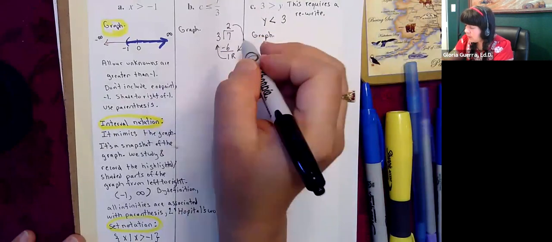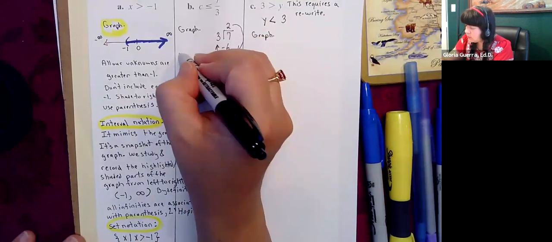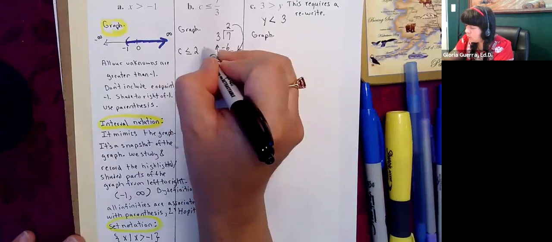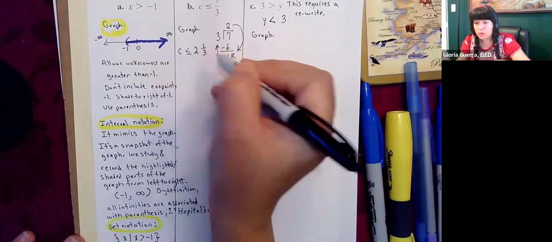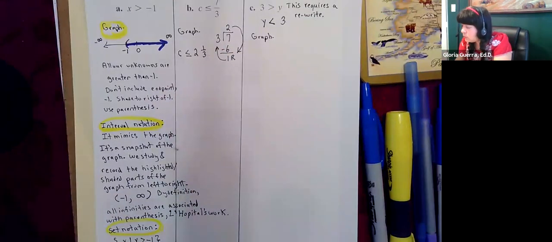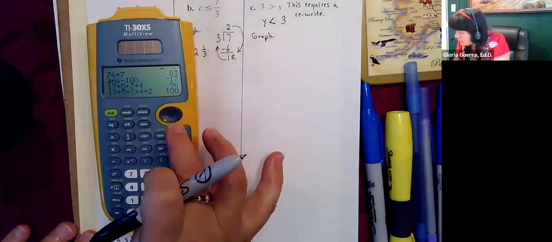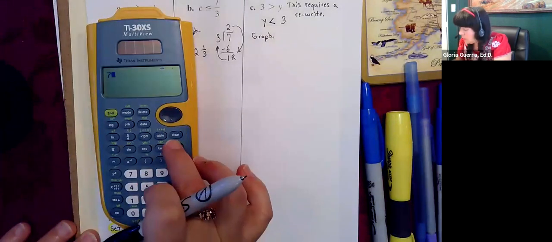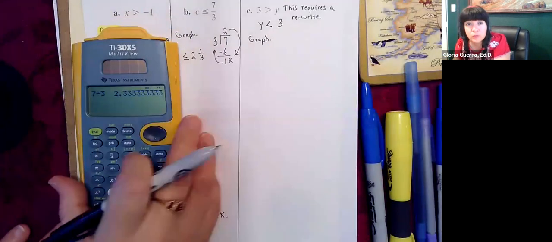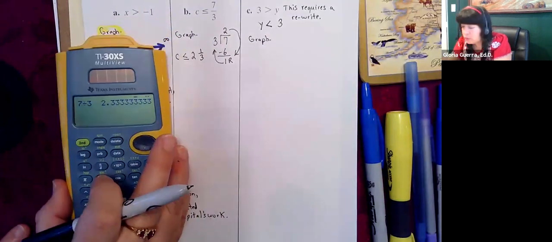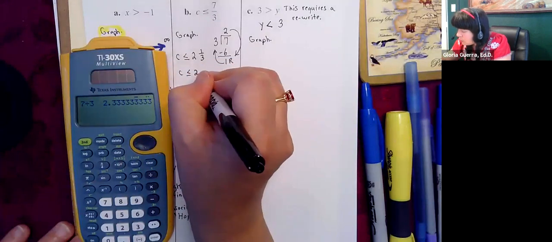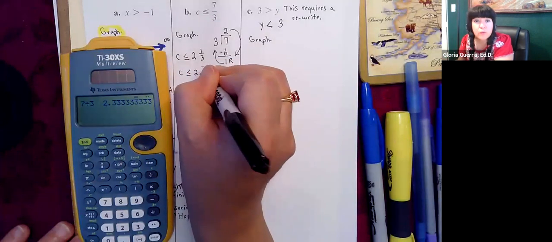So c is less than or equal to 2 1/3. Also, to give me an idea of the decimal, 7 divided by 3 is 2.3 repeating. So c is less than or equal to 2.3 with the bar over it.